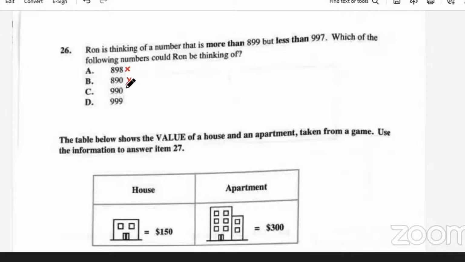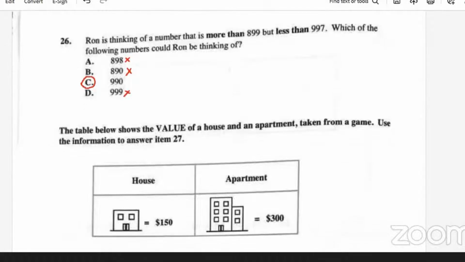And it has to be less than 997, so it could not be 999. So the only answer that's more than 899 but less than 997 would be C.